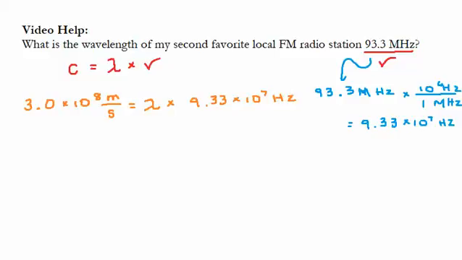Okay? Now in order to solve for my wavelength, I need to divide both sides by 9.33 times 10 to the 7th hertz.